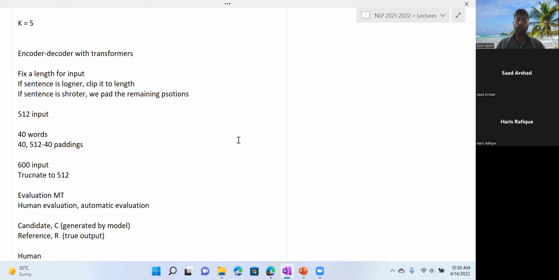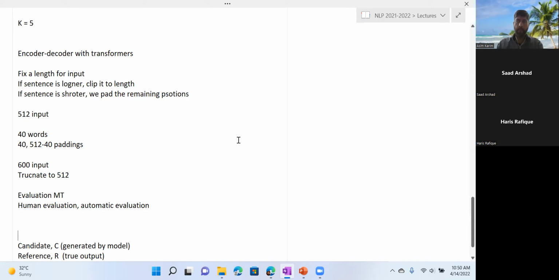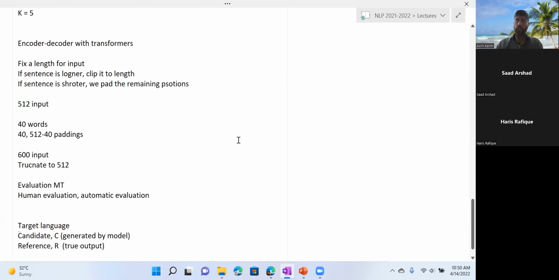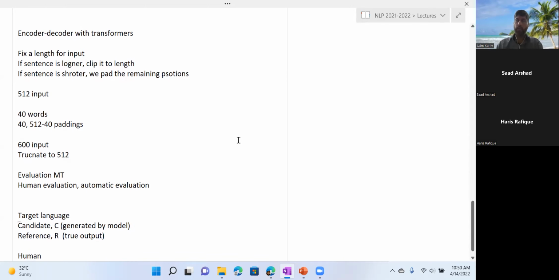And for human evaluation, you may even have, so this is of course the target. ठीक है, ये दोनों candidate और reference जो है ना, ये target है.